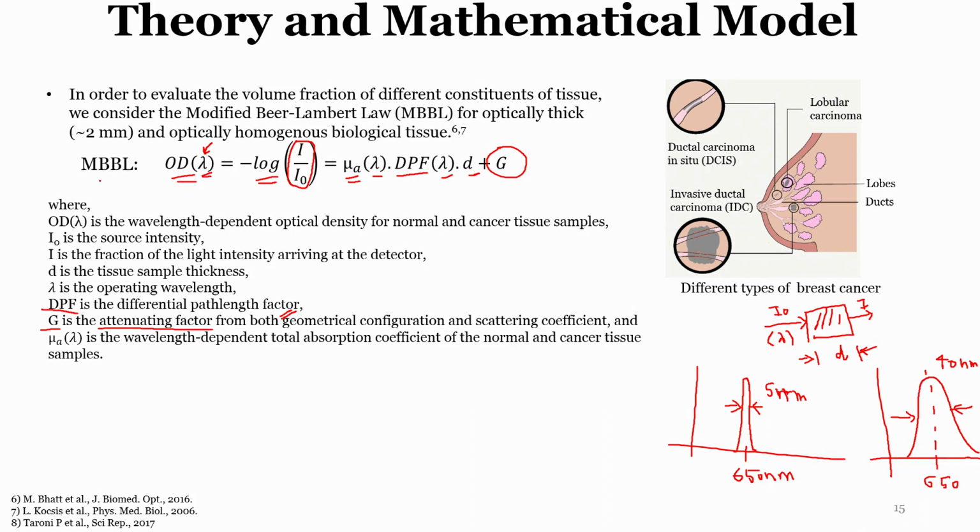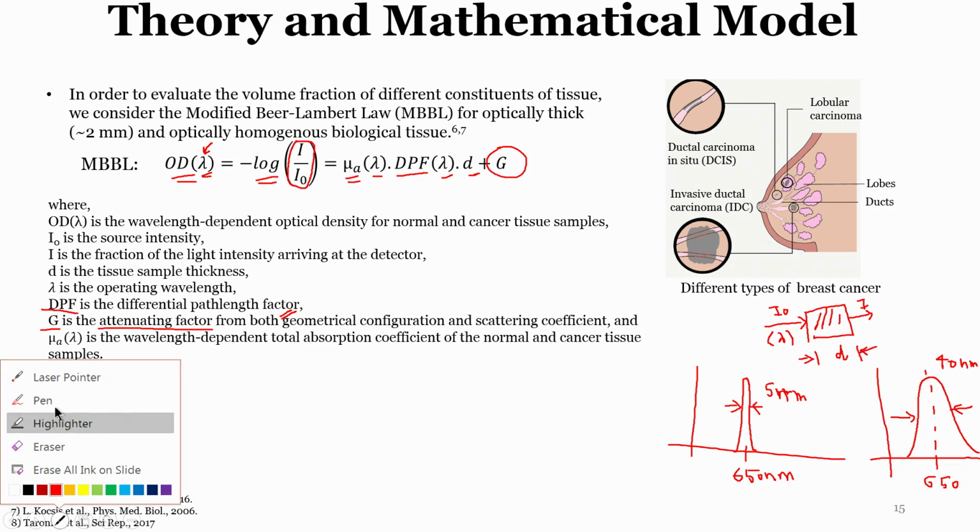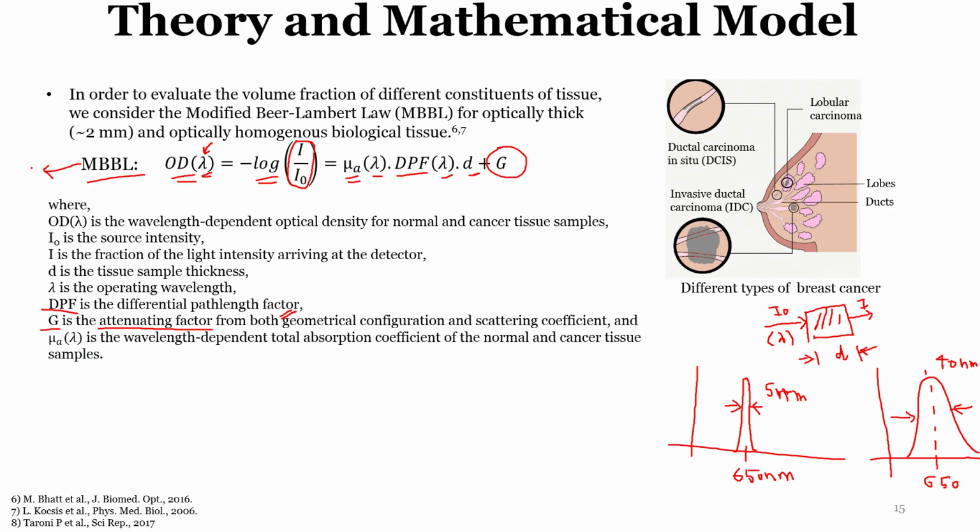So, we are going to use this law, and finally we are going to quantify the optical properties of the tissue, mu A and mu S. We also quantify the volume fraction of the different constituents of the tissue, as we talk about lipid, collagen, water, and also hemoglobin.